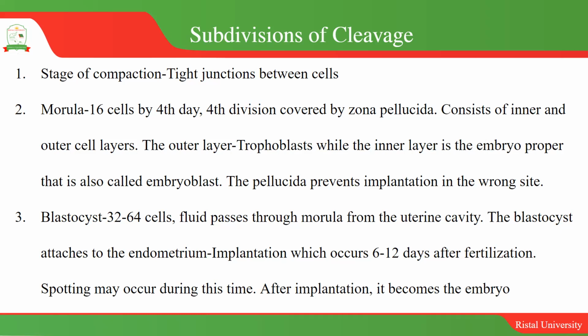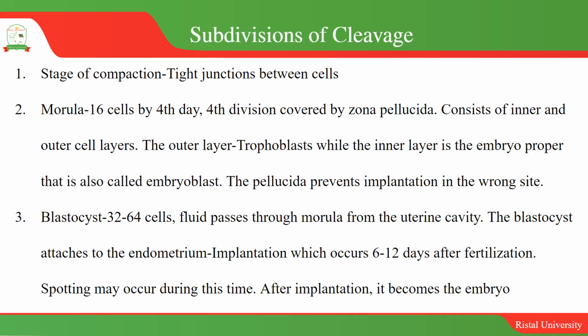Okay, now we have talked about the zona pellucida. It has to disappear before implantation happens, but one of its roles is that it allows the zygote to actually implant in the right site. Otherwise, you'll have the zygote implanting in the wrong site, causing what we call ectopic pregnancy.